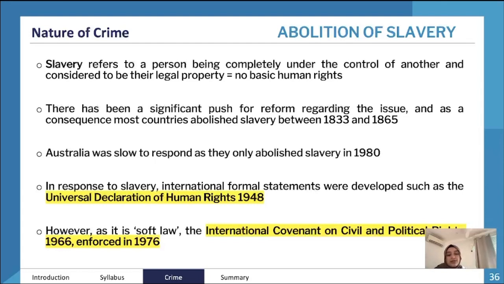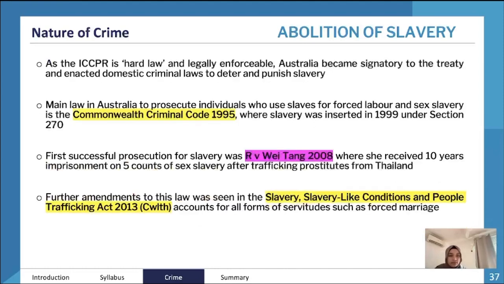So we have the International Covenant on Civil and Political Rights, which is our hard law, which is from 1966, enforced in 1976. So the ICCPR, the International Covenant on Civil and Political Rights, is a hard law and it's legally enforceable. So that's the difference between international documents.